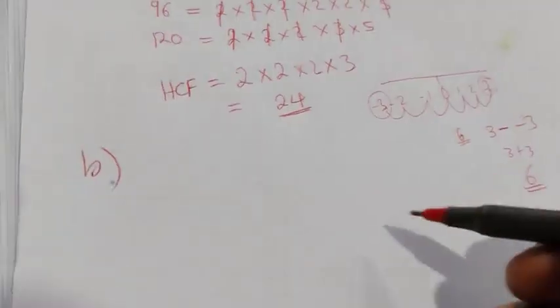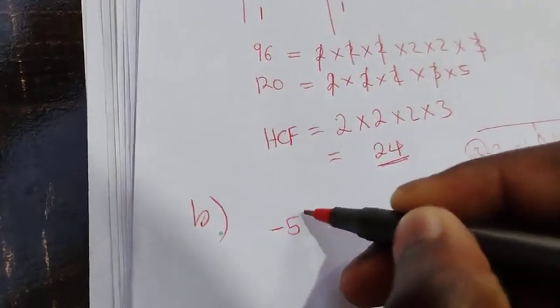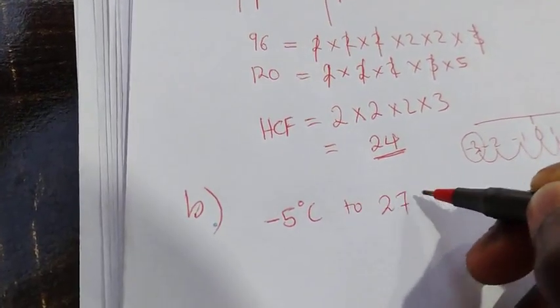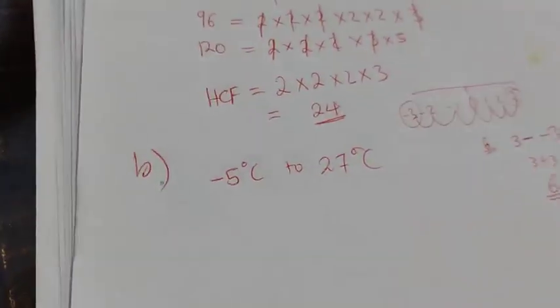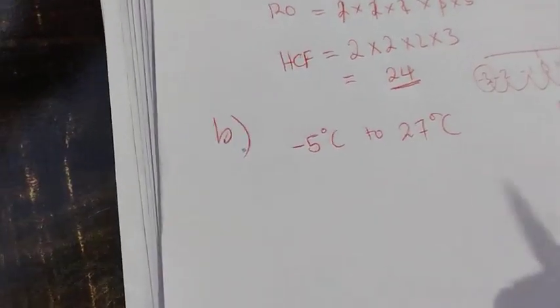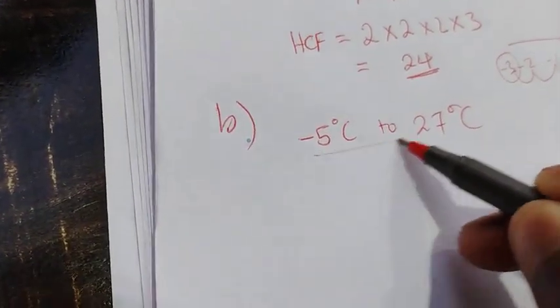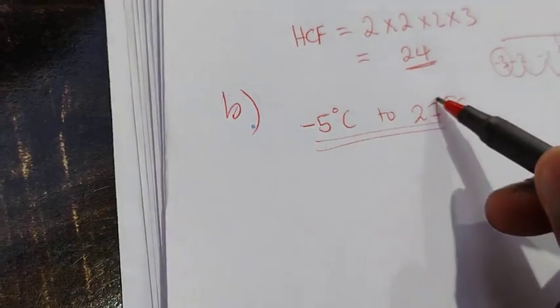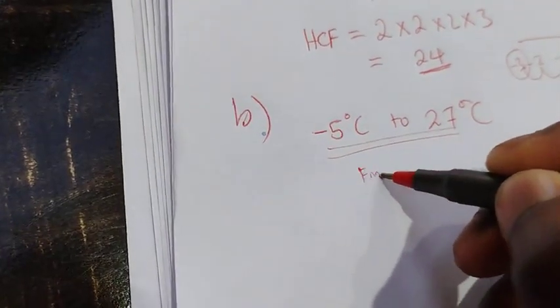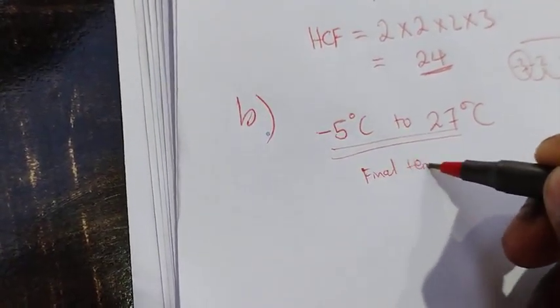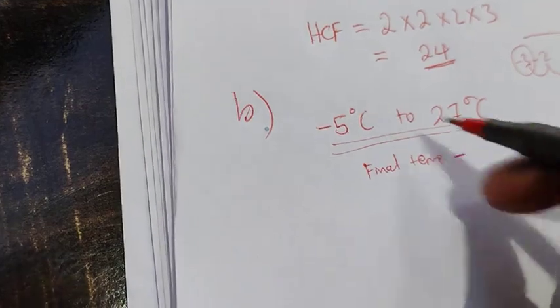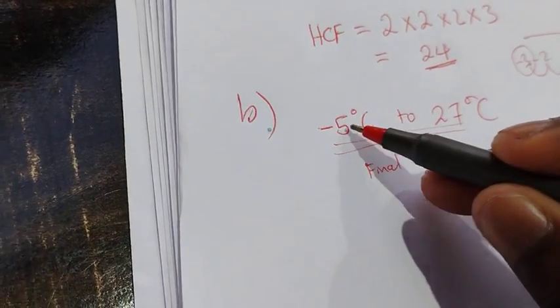Same applies. Your temperature rose from minus 5 degrees Celsius to 27 degrees Celsius. So to get the temperature change or the rise in temperature, we say the final temperature, which is 27, the last temperature that we have, minus the initial temperature.